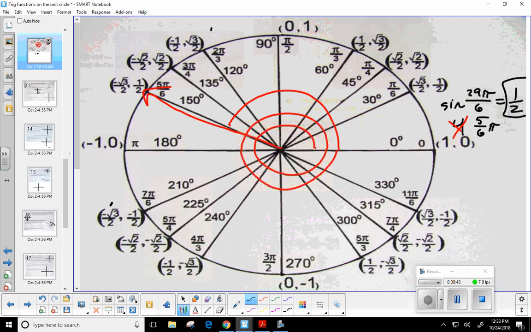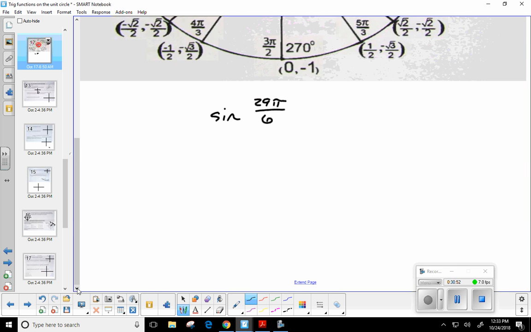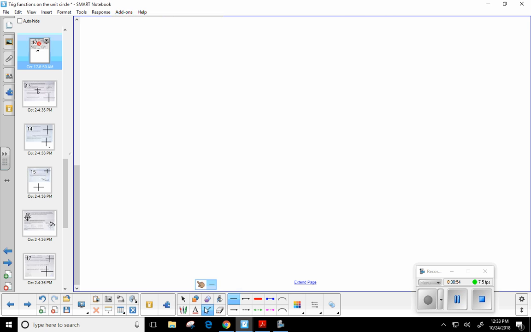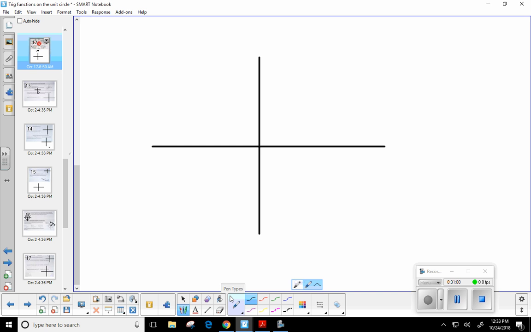There's just a few other things I want to show you. To end today, I'm going to show you this, because a lot of times it's going to be really useful to us to figure out in what quadrants the trig functions are going to be positive.